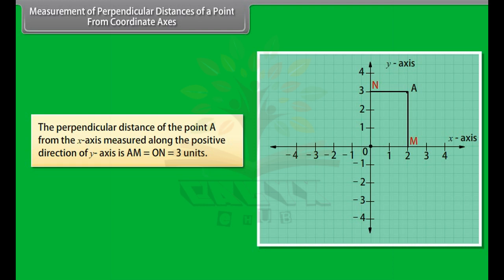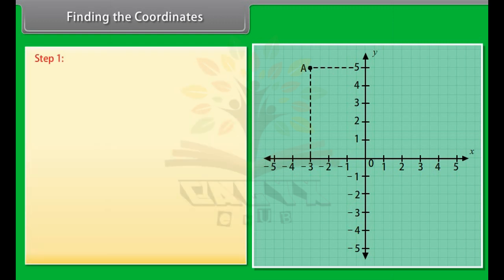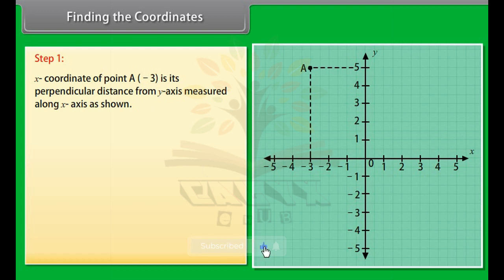We can see that the perpendicular distance of the point A from the y-axis measured along the positive direction of x-axis is AN = OM, which is equal to 2 units. And the perpendicular distance of the point A from the x-axis measured along the positive direction of y-axis is AM = ON = 3 units.